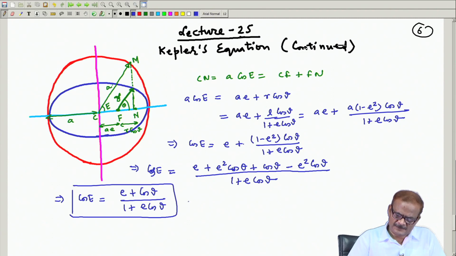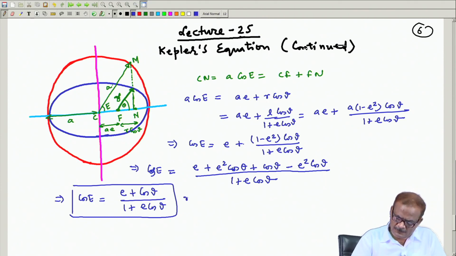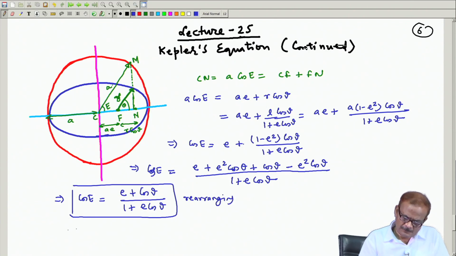If we rearrange this, it gives us cos E plus e cos E times cos theta equals e plus cos theta.